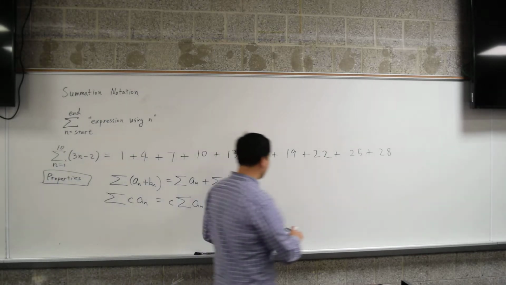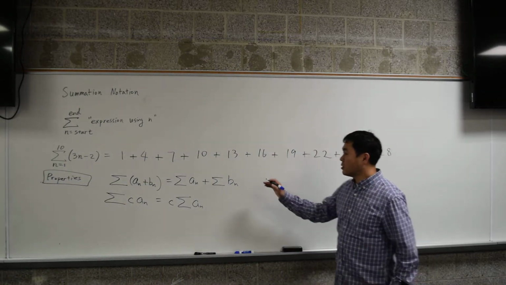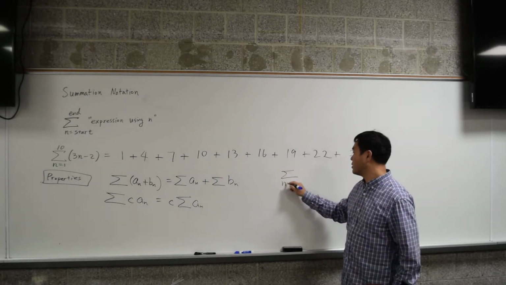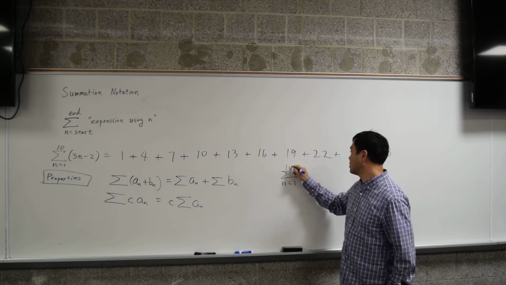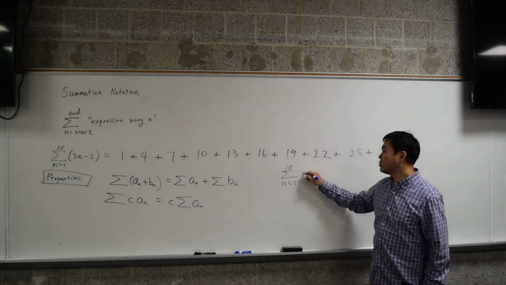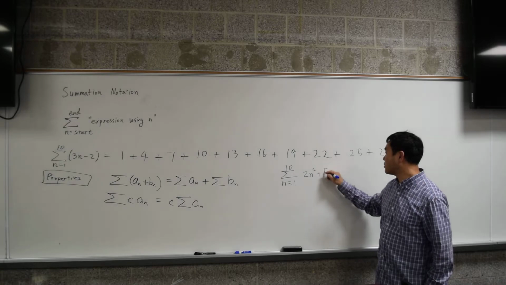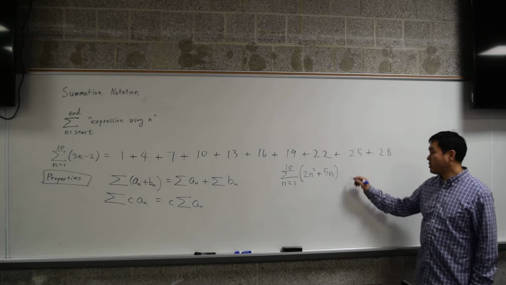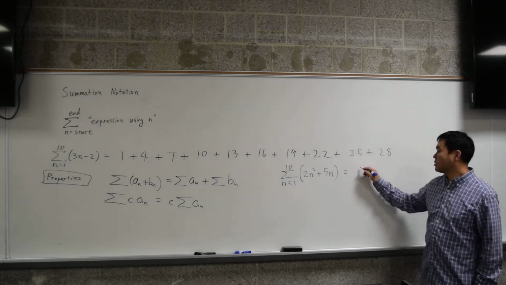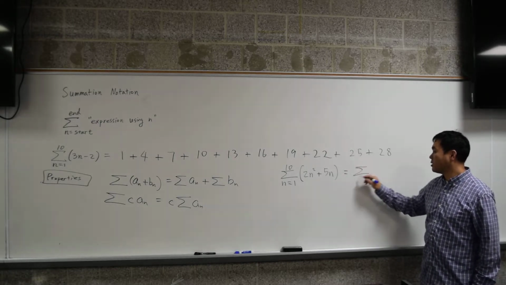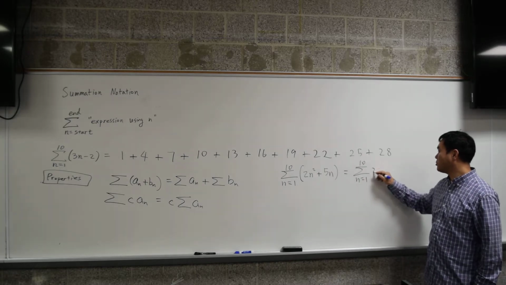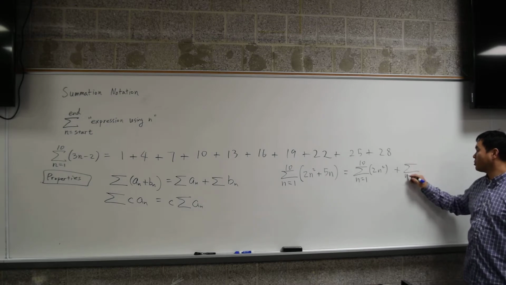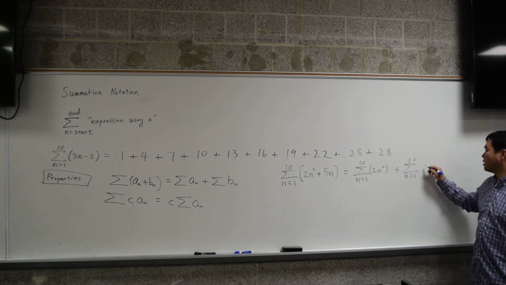So let me give you an example. Say you have 2n squared plus 5n. This is the same as sigma n from 1 through 10 of 2n squared plus sigma n from 1 through 10 of 5n.